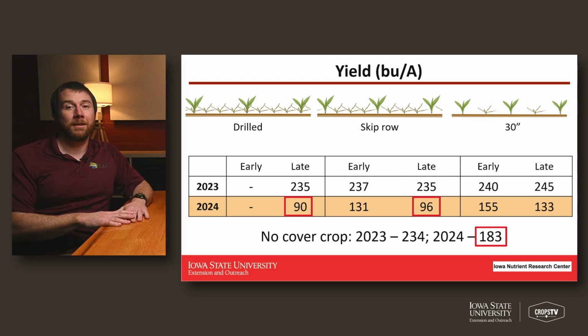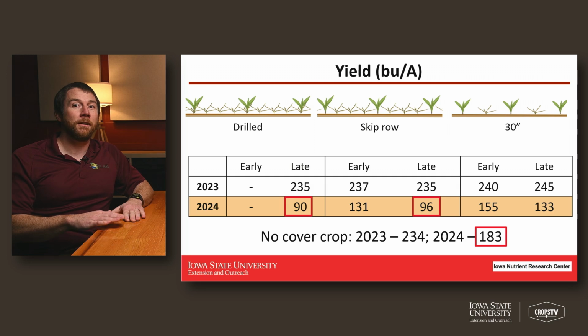So you can see that the yields were already fairly low in 2024 just from growing conditions, at about 180 bushels per acre. The cover crop's cutting that in half with the late termination. So that, again, is a farmer's worst nightmare and a good boundary condition of how much we can actually lose from having this extreme biomass production.